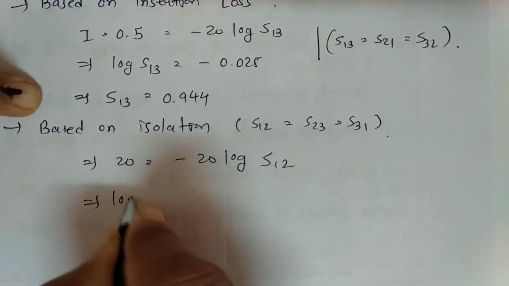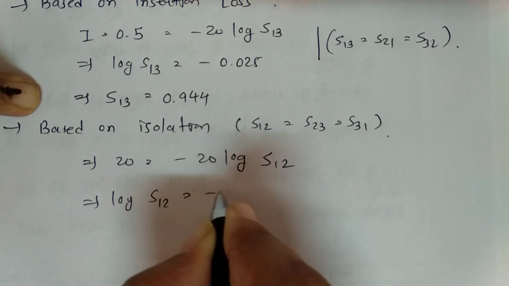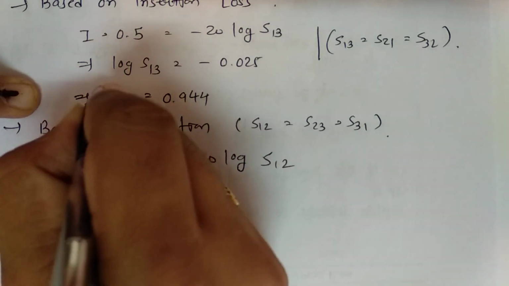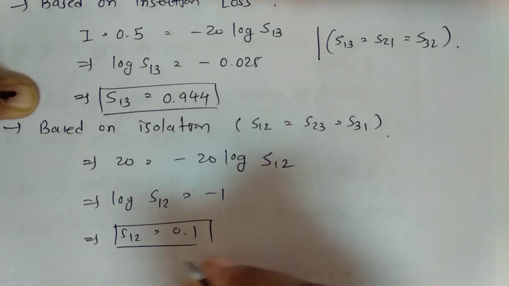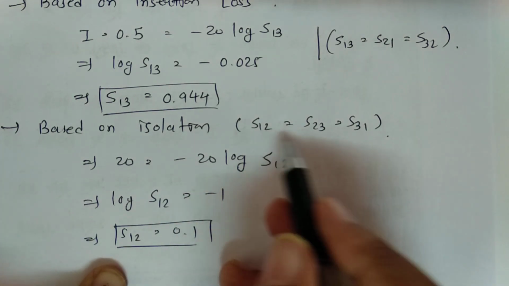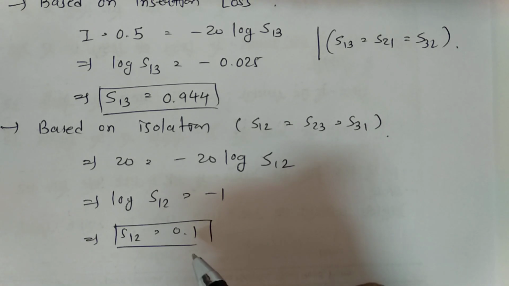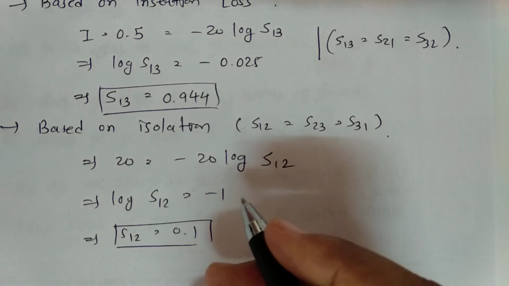So log of S12 is minus 1, so S12 is 0.1. So ultimately S12 equals S23 equals S31, that is 0.1.